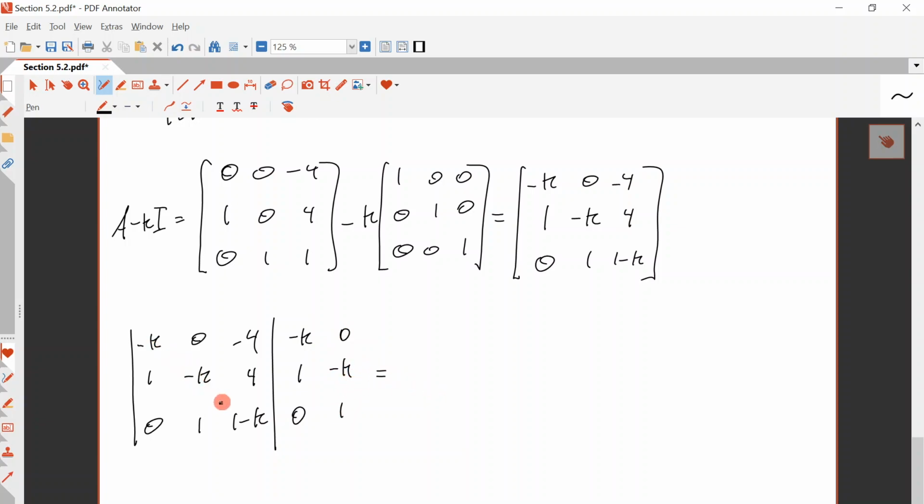So this is k squared times 1 minus k, right, k squared times 1 minus k, 0, minus 4, and then the backwards diagonals, minus 4k, plus 4k, right, wait, something wrong. This is 0.